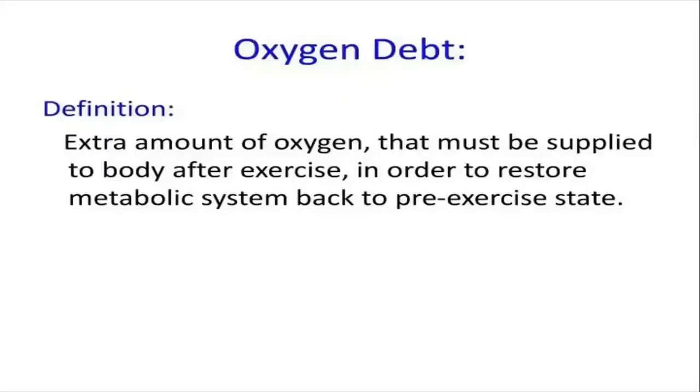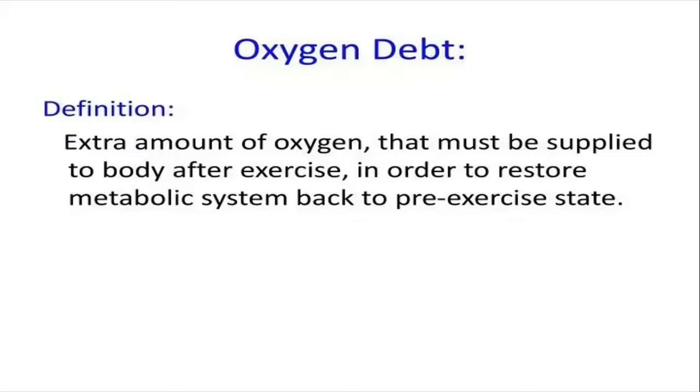Now we will see something called oxygen debt. The body normally contains about 2 liters of stored oxygen that can be used for aerobic metabolism even without breathing. So in your store there is 2 liters of oxygen.